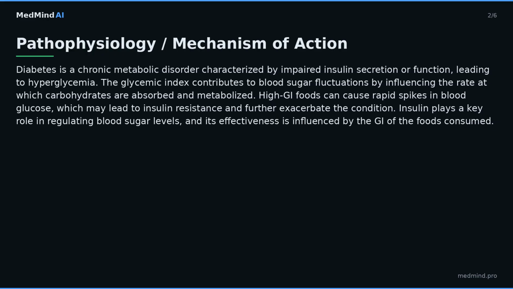High GI foods can cause rapid spikes in blood glucose, which may lead to insulin resistance and further exacerbate the condition. Insulin plays a key role in regulating blood sugar levels, and its effectiveness is influenced by the GI of the foods consumed. A low GI diet helps to maintain a more consistent blood sugar profile, reducing the burden on the pancreas and improving insulin sensitivity.